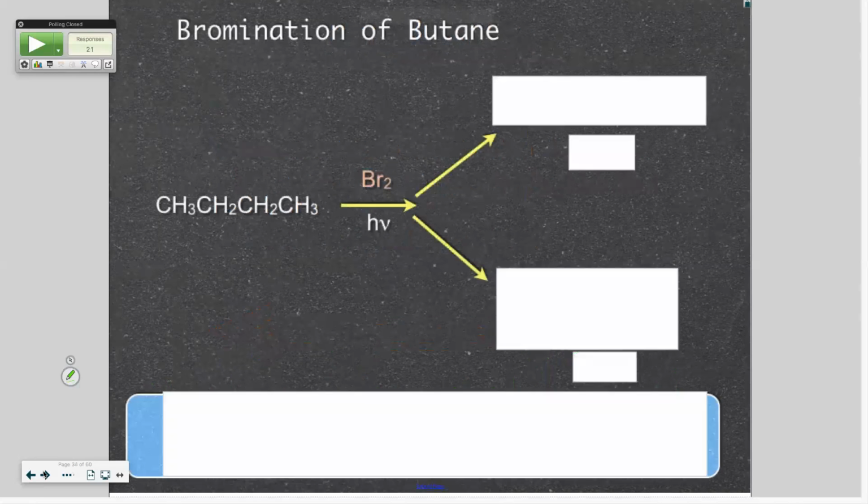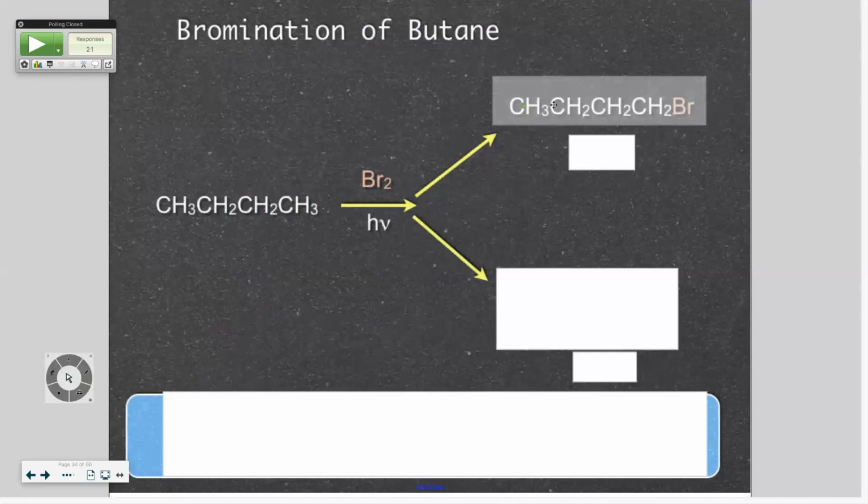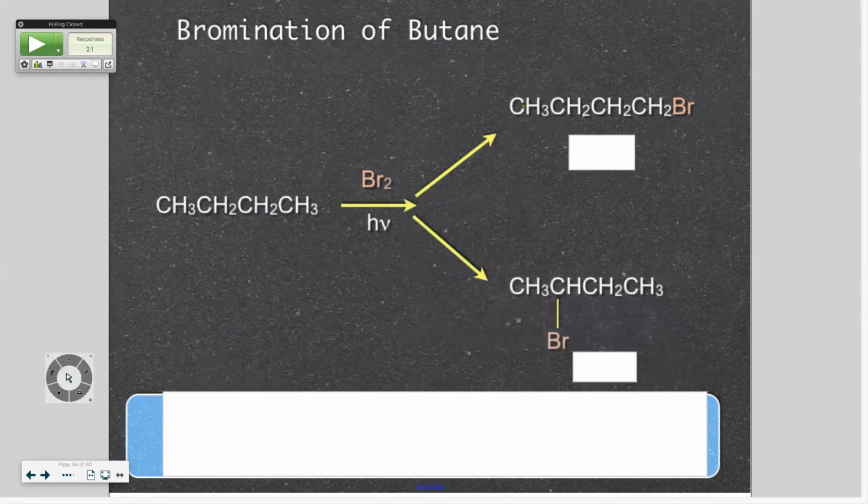Okay, so here's our butane now. Remember, how many possible products are there going to be? 2. Okay, so we're going to get that one, that's the one on the end, and this is the one in the middle.